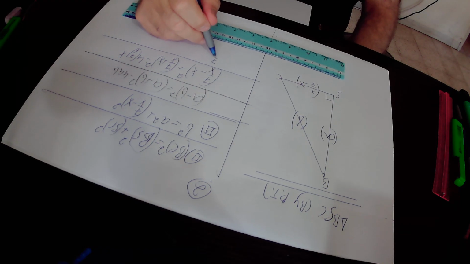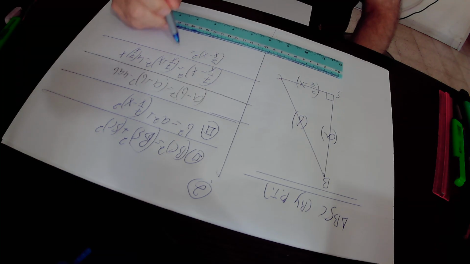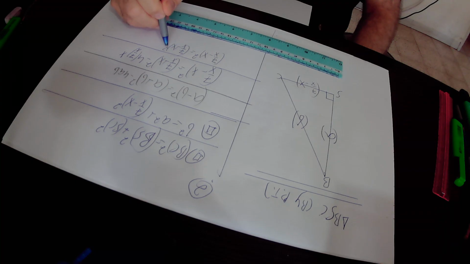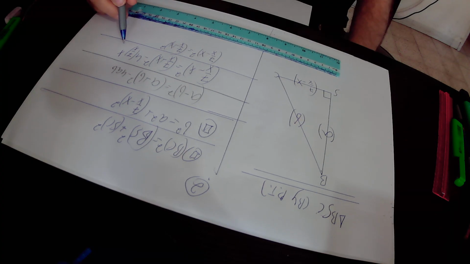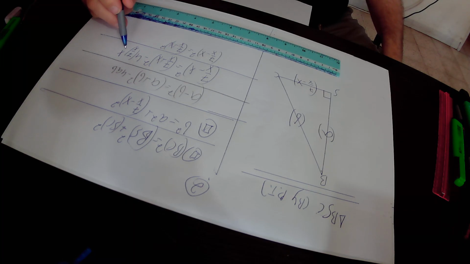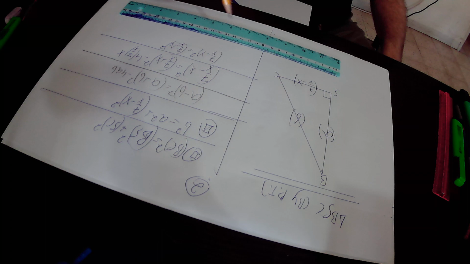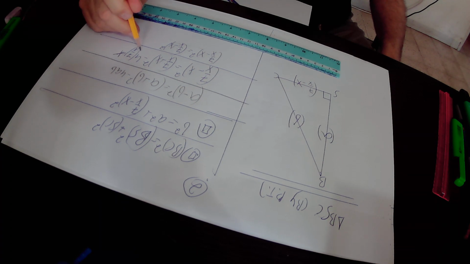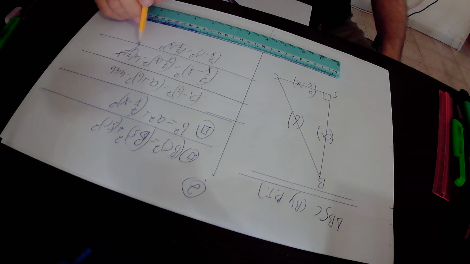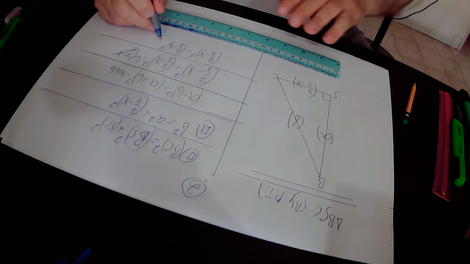So (7 over x minus x) square equals (7 over x plus x) square, and here we have x in the numerator and x in the denominator, so x will get cancelled. After we cancel the x, this expression will be left only with minus 4 times 7, that is minus 28.